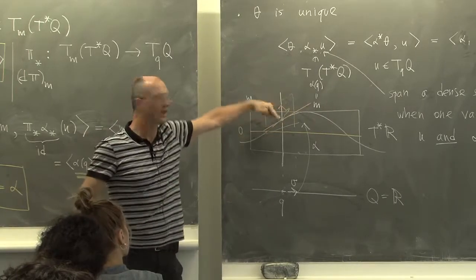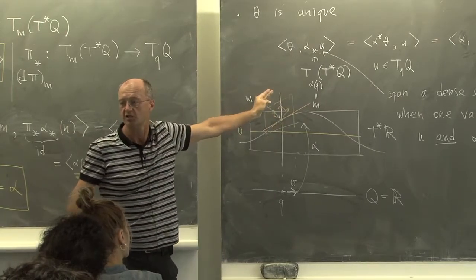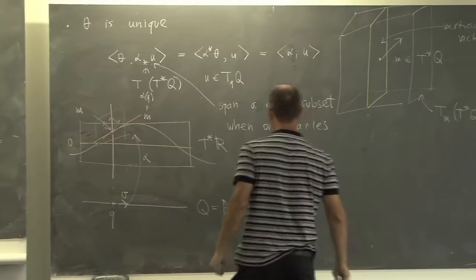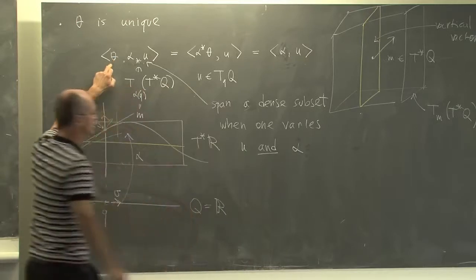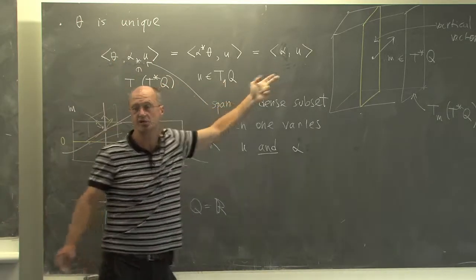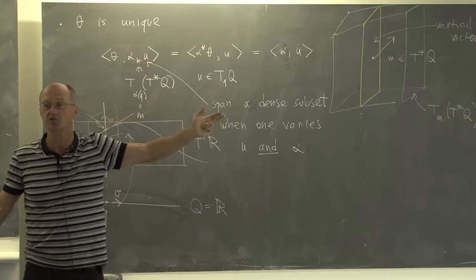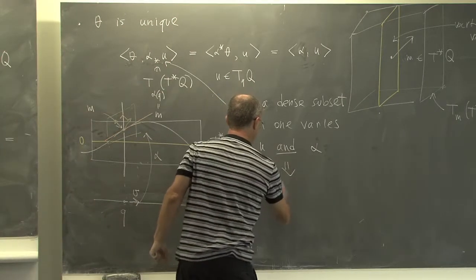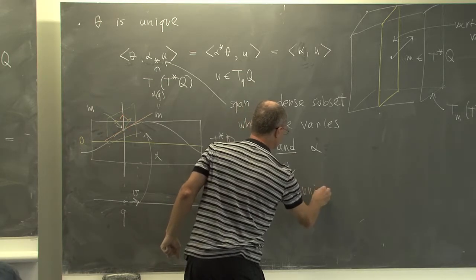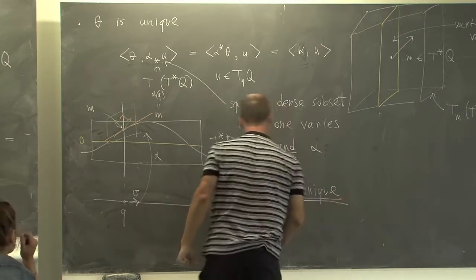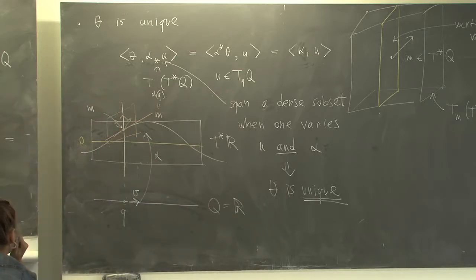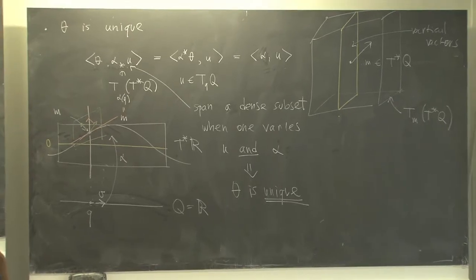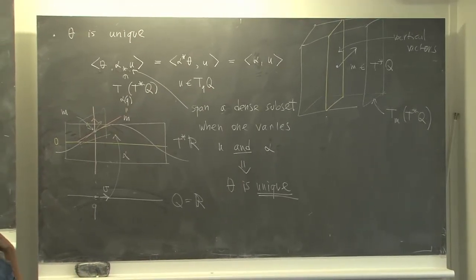But when I start varying alpha, I can get many lines, and I will span a dense subset of this tangent space. And this means that theta, which verifies this equation, is unique because it's defined on a dense subset. So theta is unique. Right.